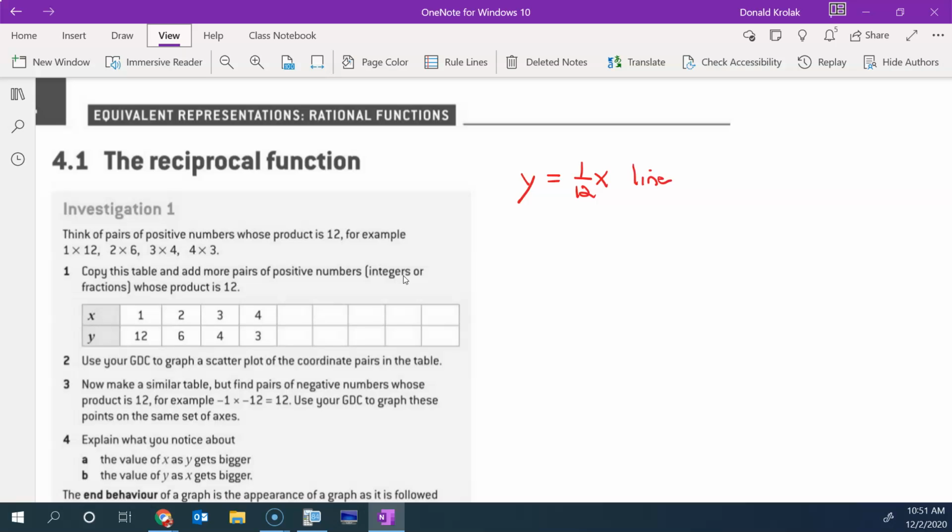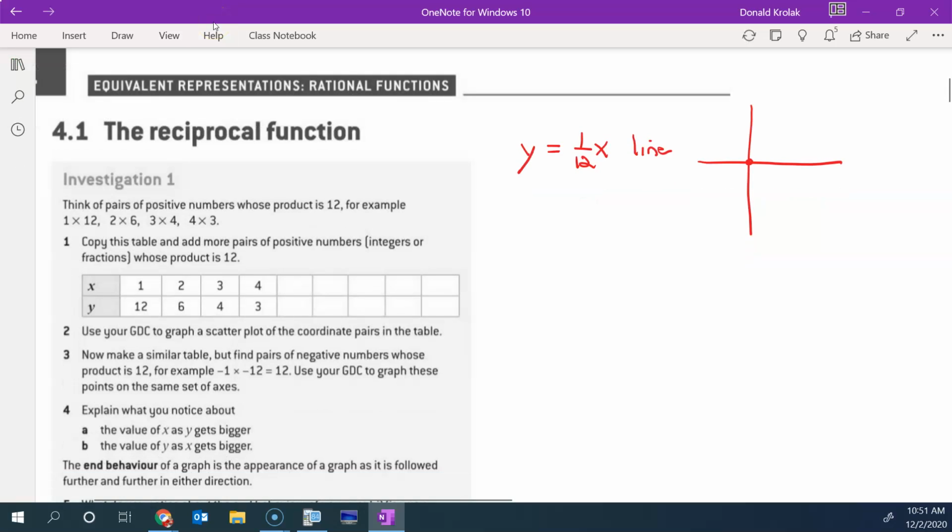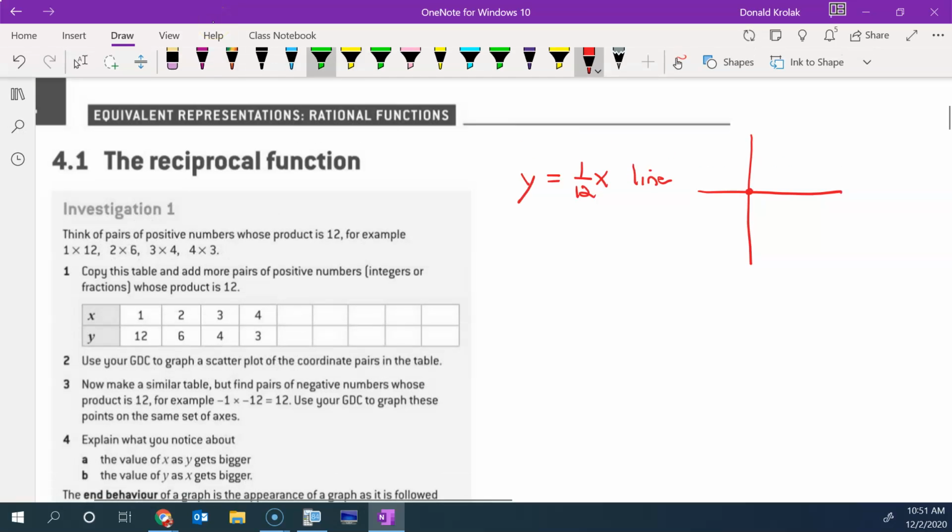It's going to be a diagonal line of some kind. It's going to go right through the origin, and its slope is 1 up, 12 right. 1 up, 12 right. And there would be our next dot. And that's what it would look like. There'd be a line that goes through those two dots.